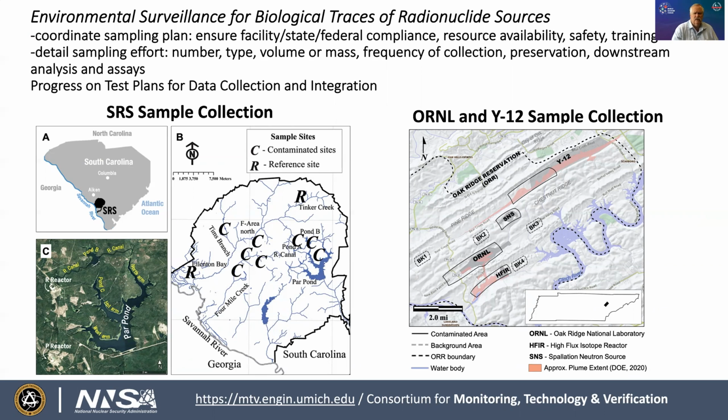We're doing this at 2 different sites right now, the Savannah River site, and then at ORNL and Y-12, basically because we have various ground sites, we have various types of contamination in Y-12 like we just showed you with the S3 ponds, but we also have a functioning nuclear reactor, the High Flux Isotope Reactor, which has been going since 1965. So we're looking at the environmental areas around that.